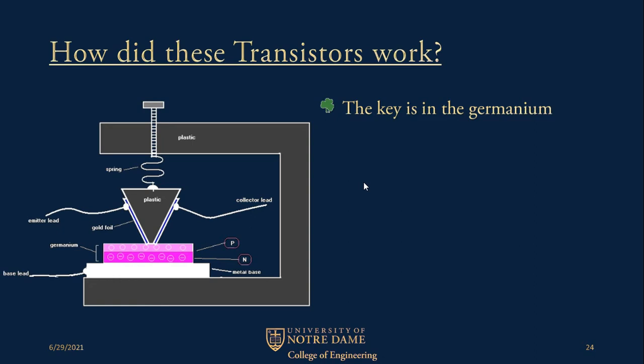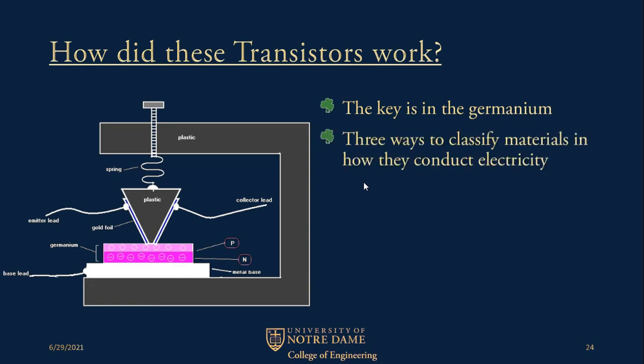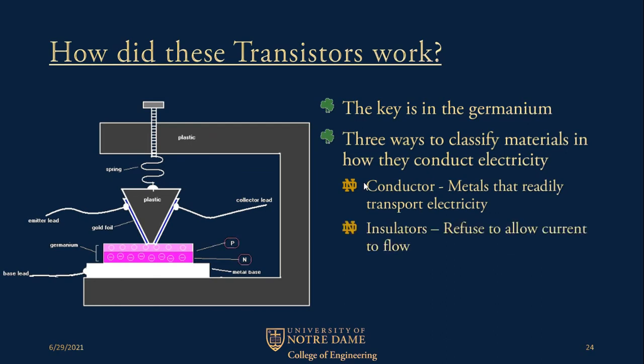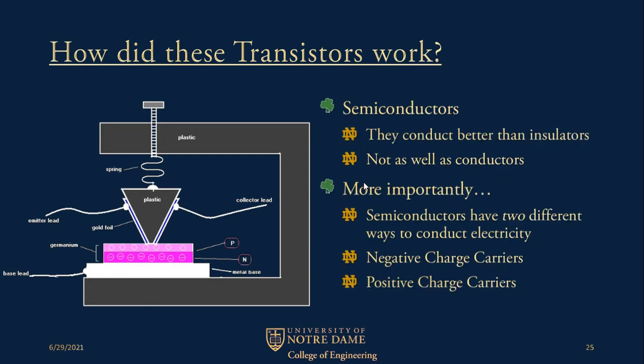This can only be done with electric devices known as semiconductors. A conductor readily transports electricity. An insulator refuses to allow current to flow. So for example, the plastic. But semiconductors are different. You can dope them to be able to have different types of flow. A semiconductor doesn't conduct electricity as well as a conductor, but it conducts it significantly better than an insulator.